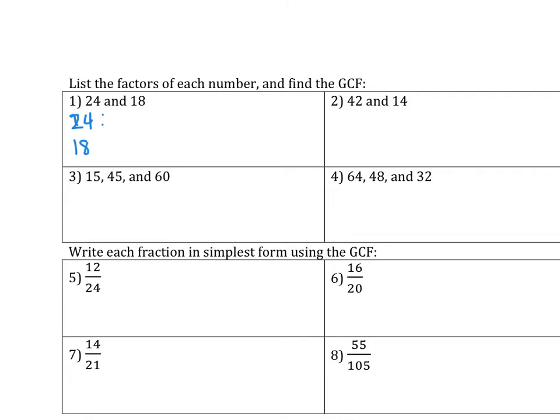So the factors are the numbers that when multiplied together make up that number. So we have 1 times 24, we have 2 times 12, we have 3 times 8, we have 4 times 6. So those are all factors.